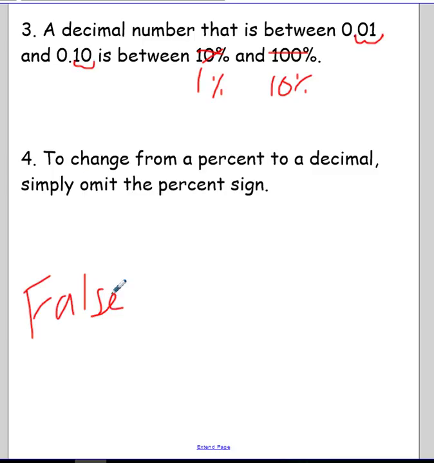We need to add a step there by moving the decimal place 2 places to the left and then omitting the percent sign. I'm going to pause it so I can write that without you having to wait for me, although you can pause it and write it yourself and then continue. Again, we need to move that decimal 2 spaces to the left before we can take the percent sign off.